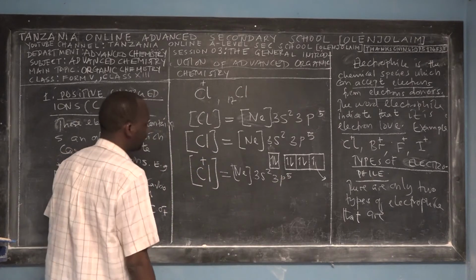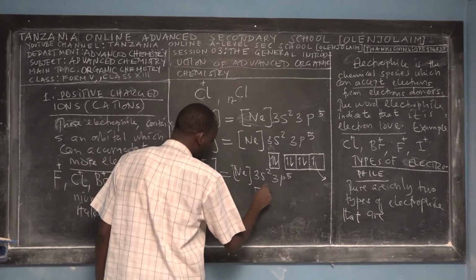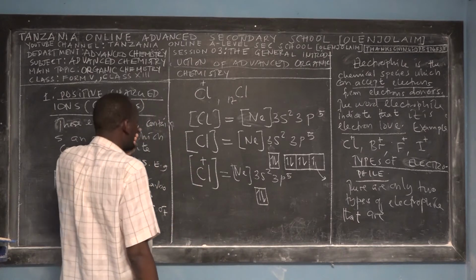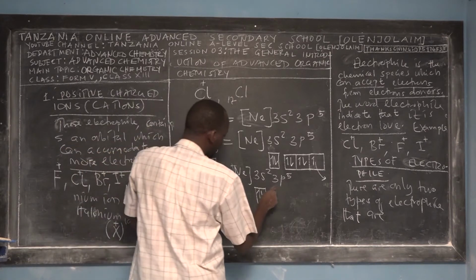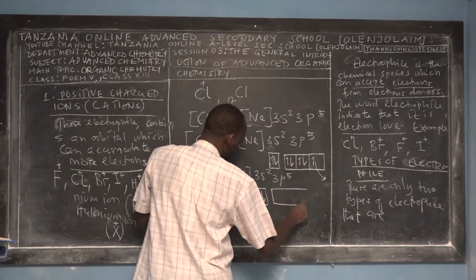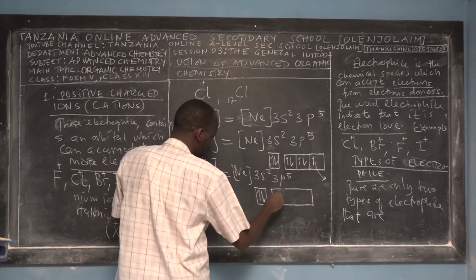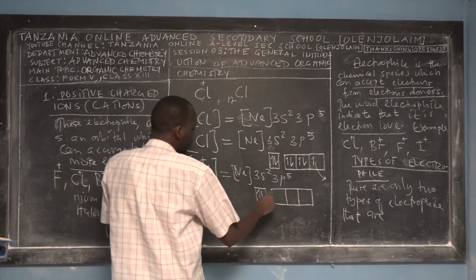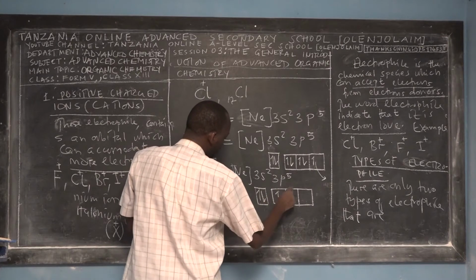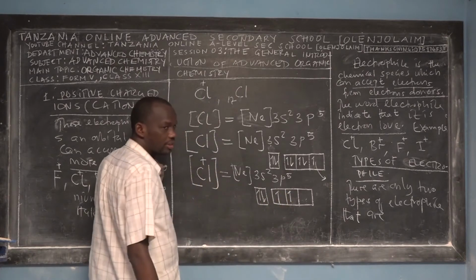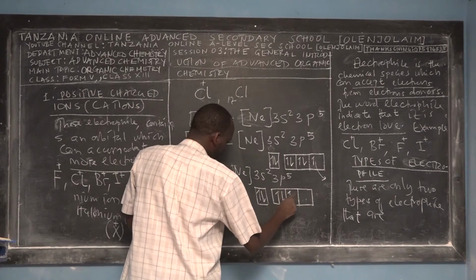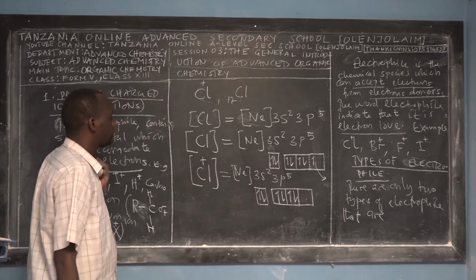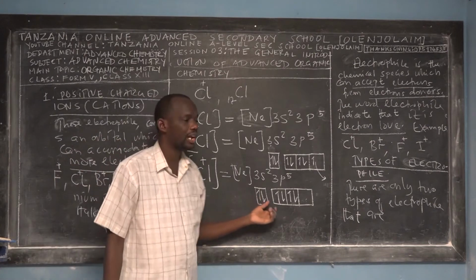What is the orbital method? Here we have the p orbital. We have 1 electron here, no electrons there, 1 electron here and 1 electron here. So this is the electron configuration of the chlorine ion.